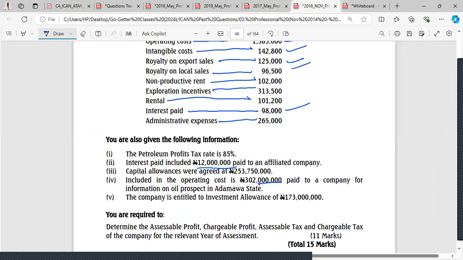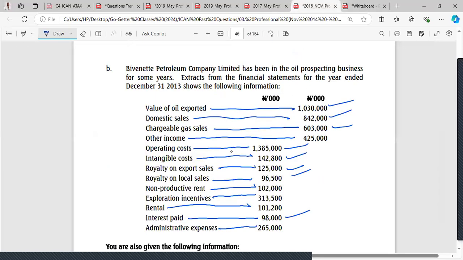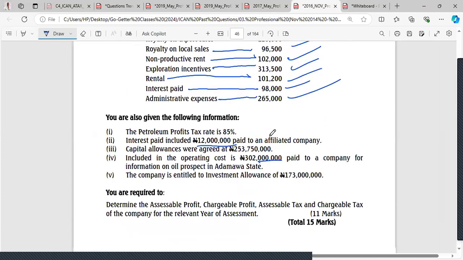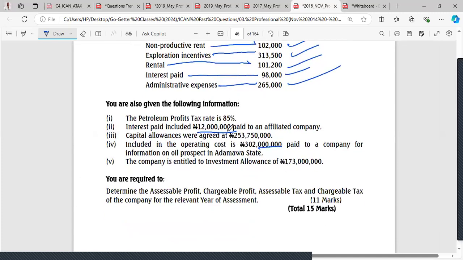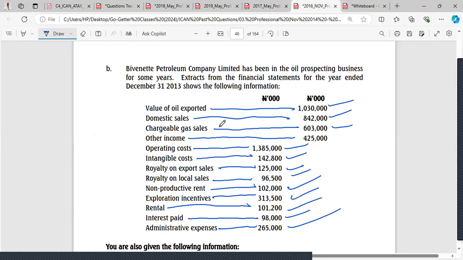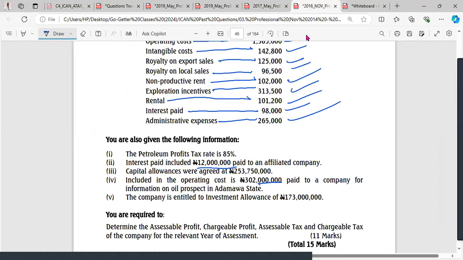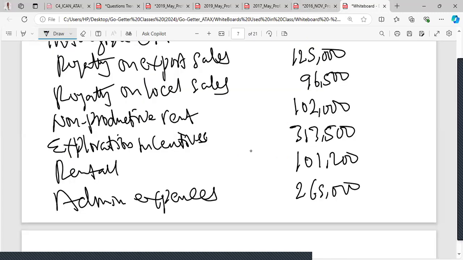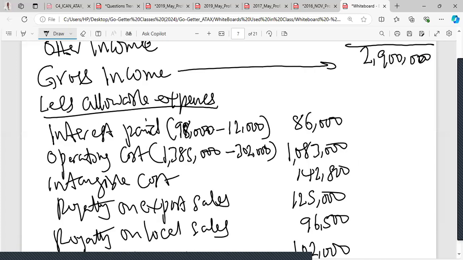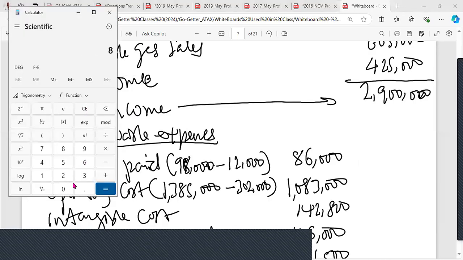We've done everything in the body of the question here. Not taking capital allowance, we're not taking PIA yet. Of course, this is a joint venture business, so you will never be given tertiary education tax. It's your job to calculate it, so that's the next thing we want to do. Don't forget tertiary education tax is allowable. So we are adding up all of these.